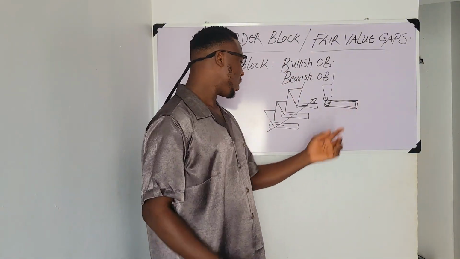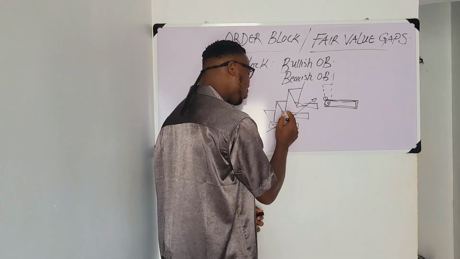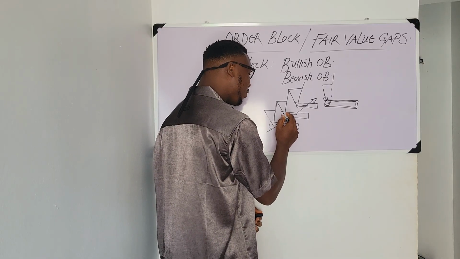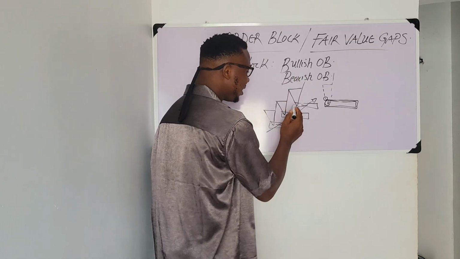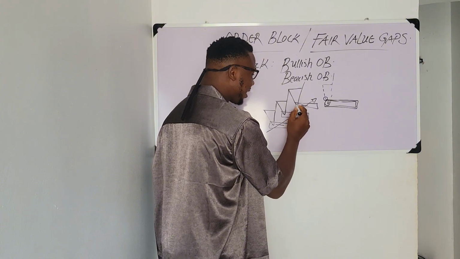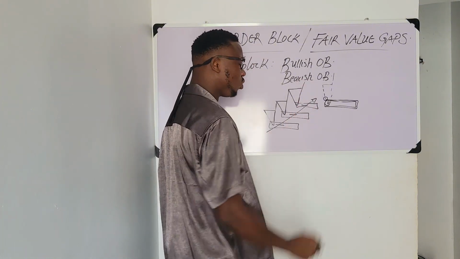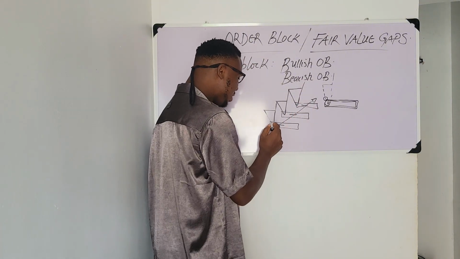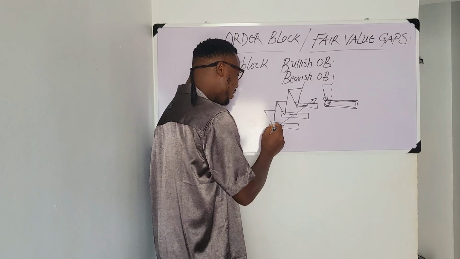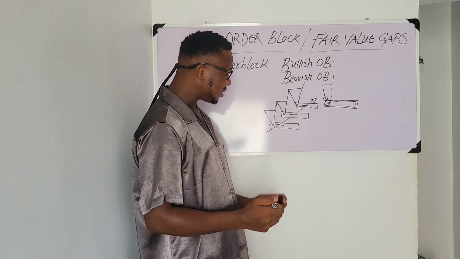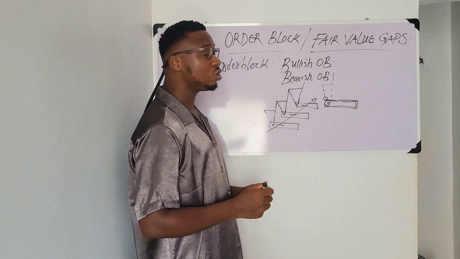When you look at the demand zone, inside the demand zone you look at the last red candle before the move that breaks structure. That last red candle is your order block.